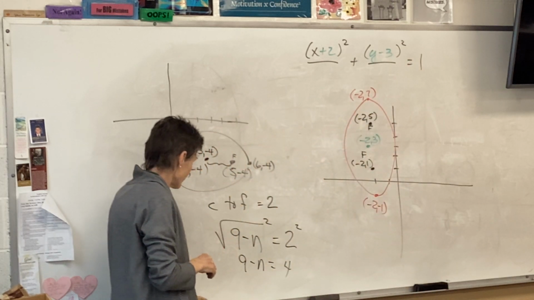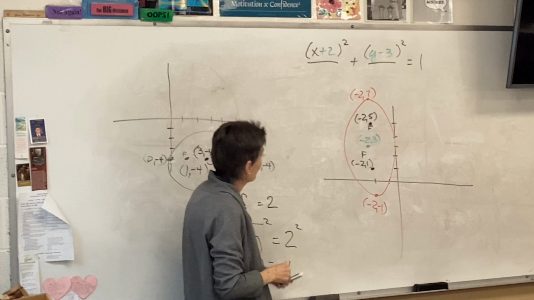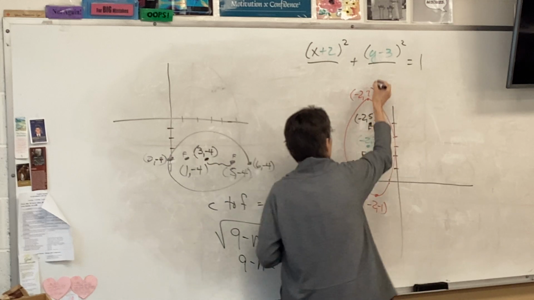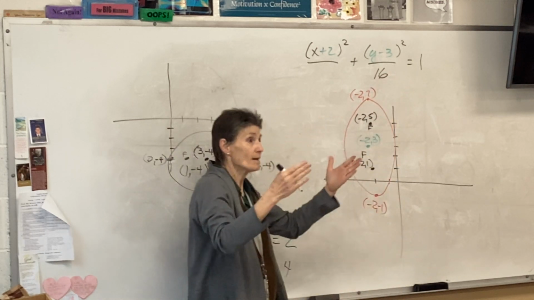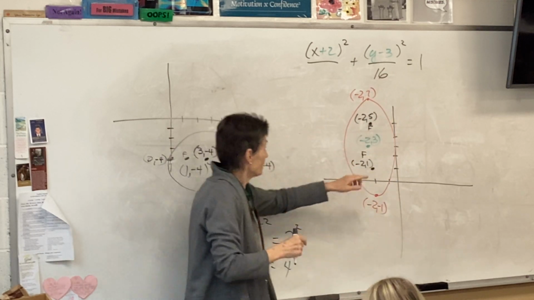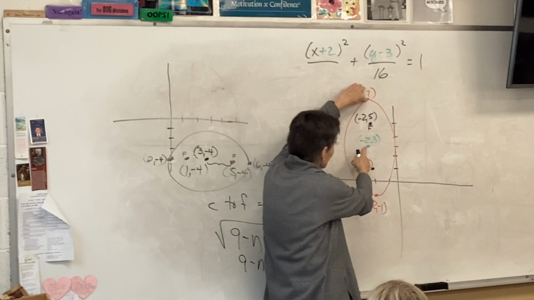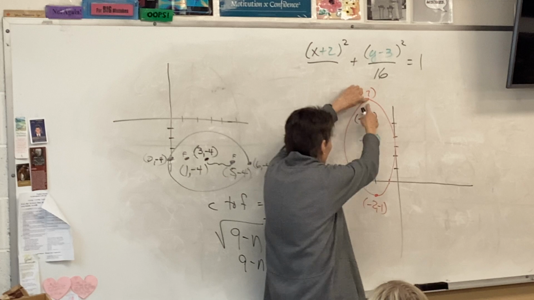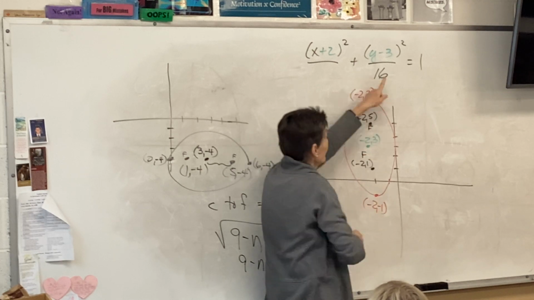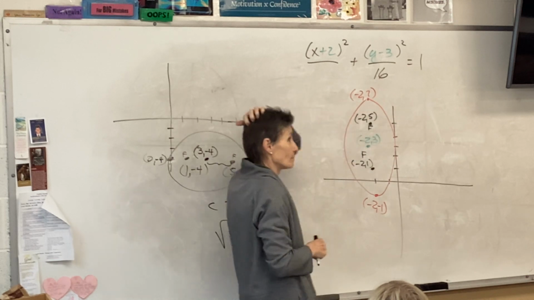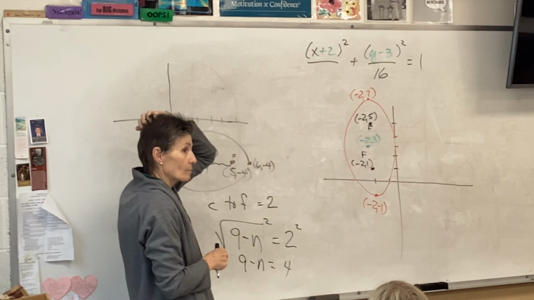Beautiful, right? Figure out something else and shout it out for me. The y number is 16, Jared says. Yes, how does he know that? From here to here is how far? 4. And if you went up and down 4, then under y has to be 16.